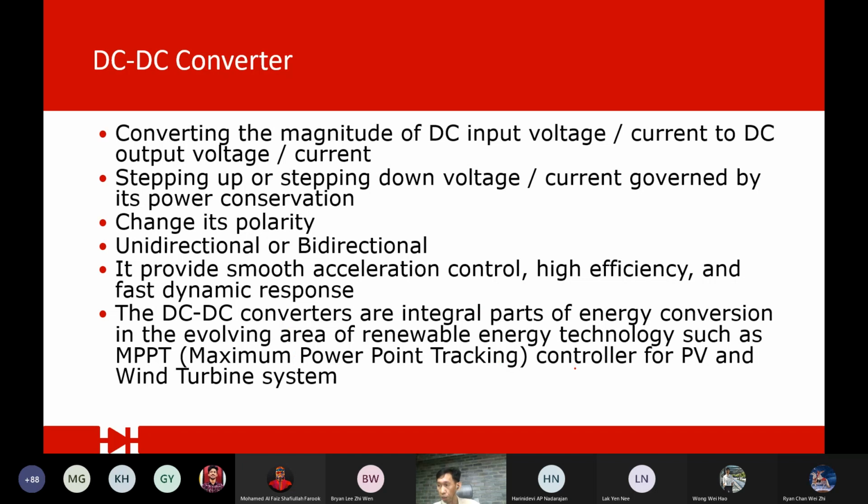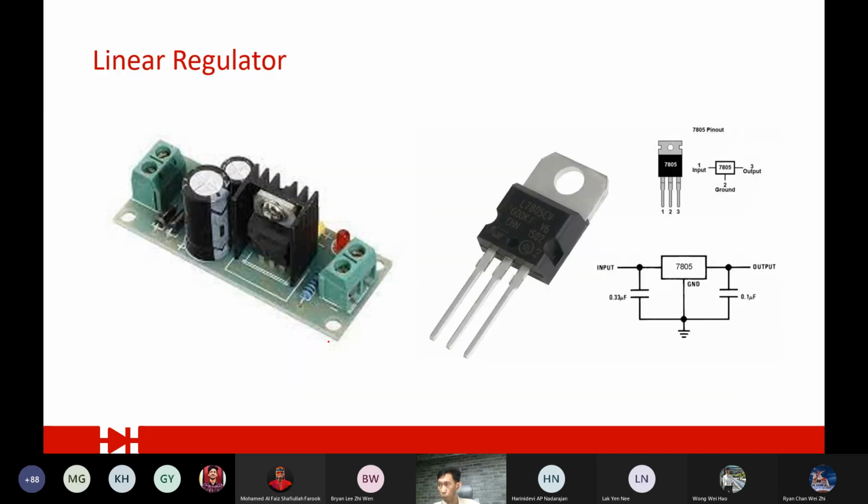Similarly, it is also used in wind turbine systems, where the wind also changes, so you will have fluctuations, and it serves the same purpose. One classical DC-DC converter in the old days is the linear regulator, which is our power supply. You can get this at Shopee. It comes in the form of an IC, not a MOSFET or IGBT.